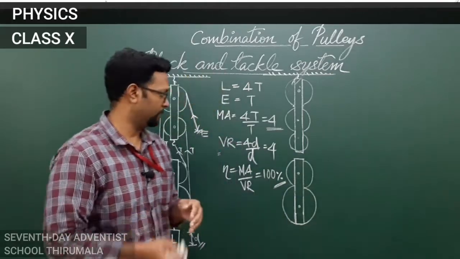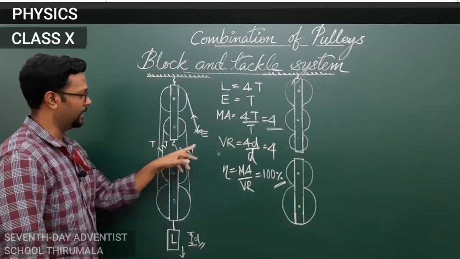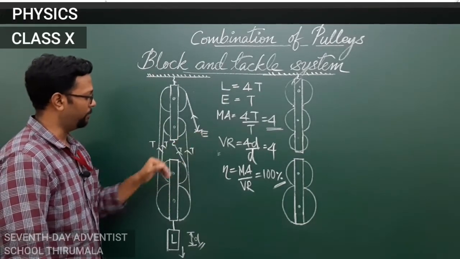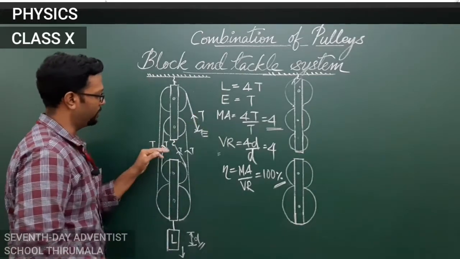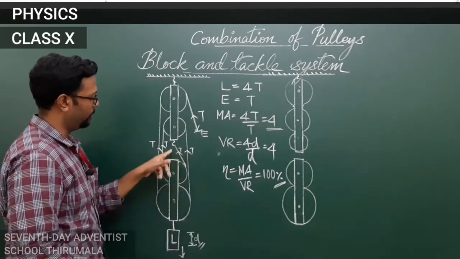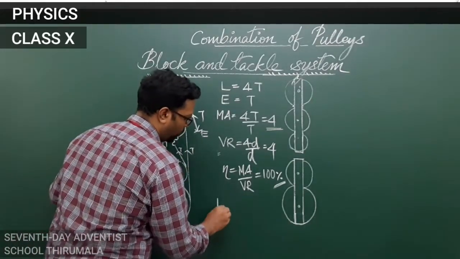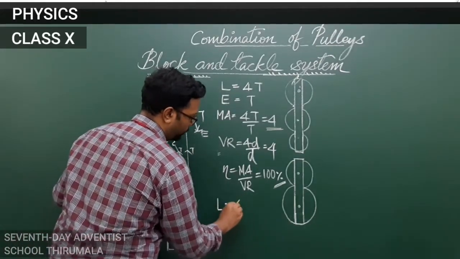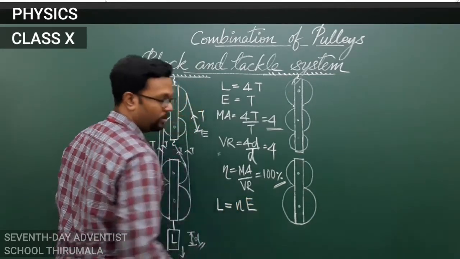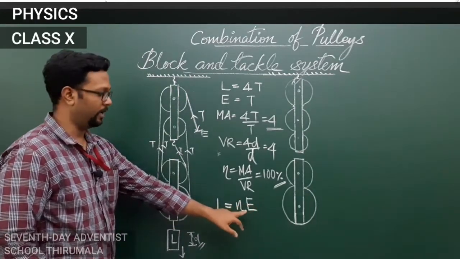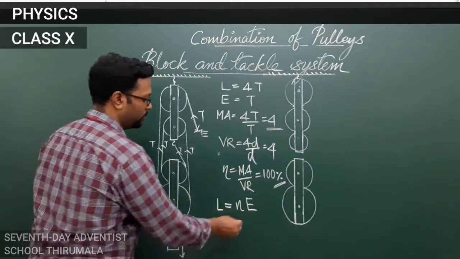And here is another method for finding the mechanical advantage. This effort is supported by one tension here, and load is supported by 4 tensions here. That means load is equal to N times effort, and N stands for number of pulleys.